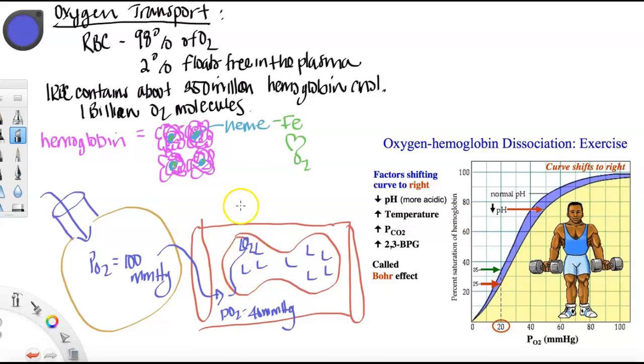So the PO2 in the plasma doesn't change. The oxygen is coming in, but the PO2 is still 40 because the oxygens are hopping on hemoglobin, and now we have oxyhemoglobin instead of oxygen.